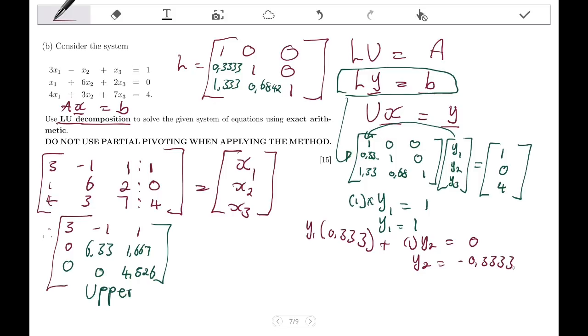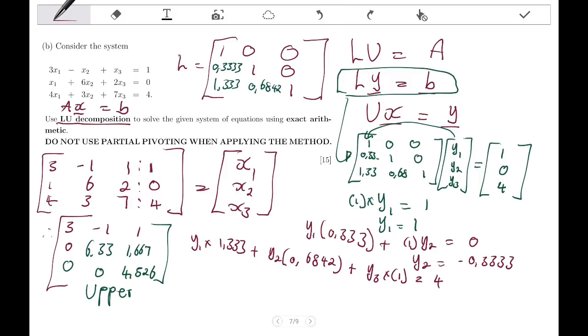Then for y3 you do the very same thing. You're going to say y1 multiplied by 1.333, then you add y2 multiplied by 0.6842, and then plus y3 times 1 is equals to 4, which is this 4 here.